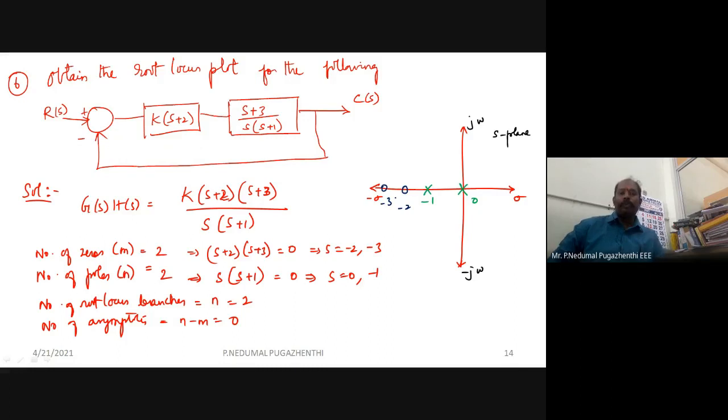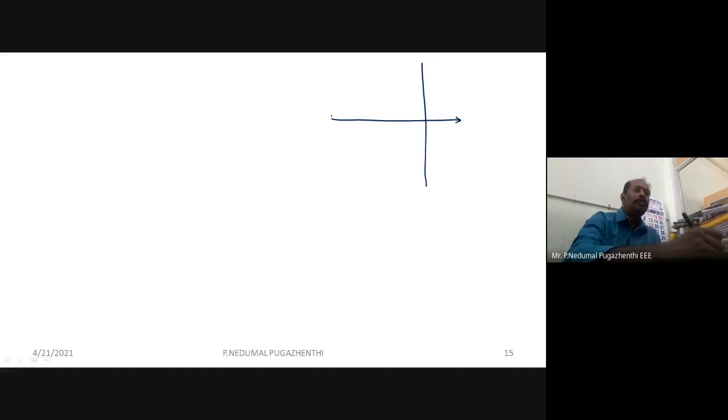Any doubts so far? So we have identified the poles and zeros and we have located them in the S plane. What is my next step? Let me draw that again. Sigma, minus sigma, j omega, minus j omega.